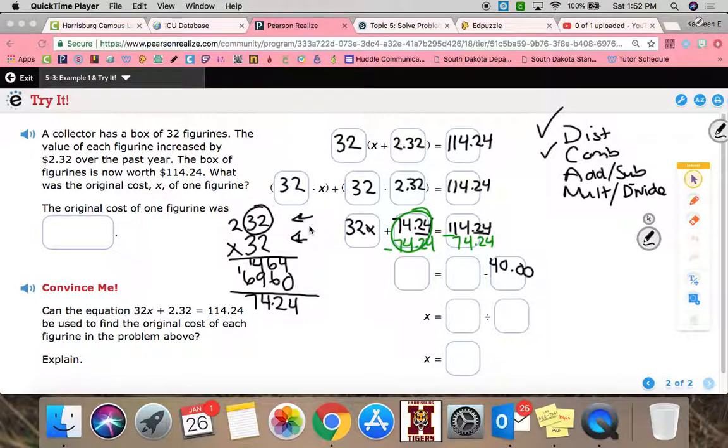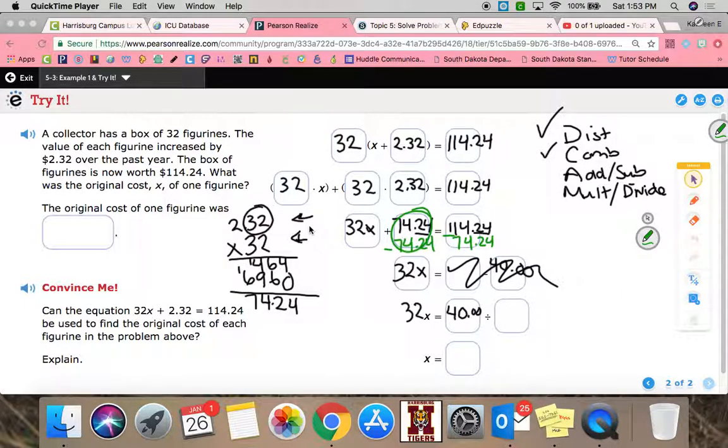Oh, I'm ahead of myself. This should be where the subtracting is. So I'm just going to write this down here. $40 is what we get after we subtract, and we're left with 32x. I'm going to write it down there because I don't like how they've arranged it.